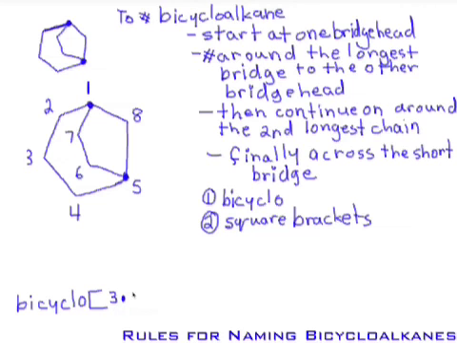The next biggest bridge is 2, period. The next biggest bridge is 1. Now if there were no atoms in a bridge, I'd use 0. Okay. The parent name representing the total number of atoms is then used. Use the parent alkane name.